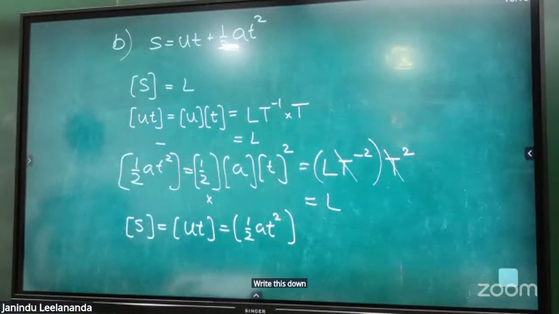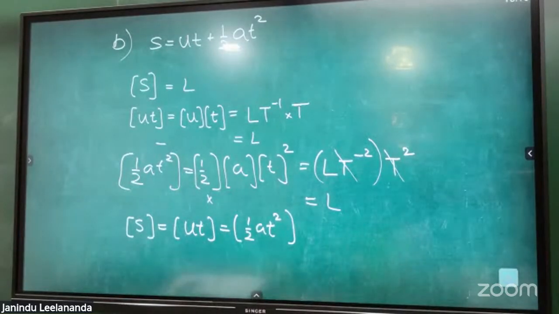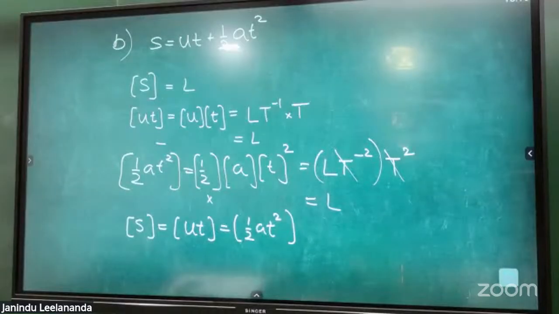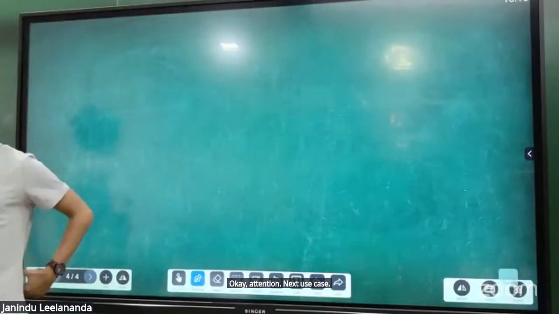Write this down. Then let's move to the next use case. Attention, everyone.